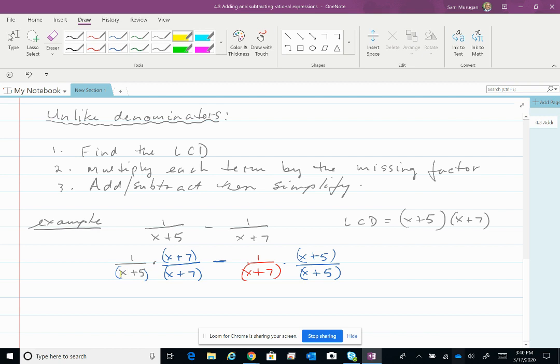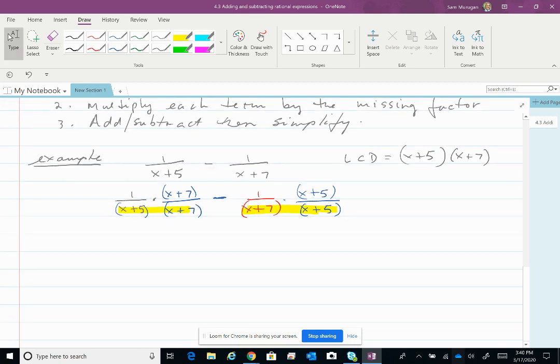And that gives us the same denominator for each term here. So we're going to go ahead and keep that common denominator now, which is x plus 5, x plus 7. And it doesn't matter right now which one you write first. Your homework, I might ask, is going to accept either one first, x plus 5, x plus 7, or x plus 7, x plus 5.